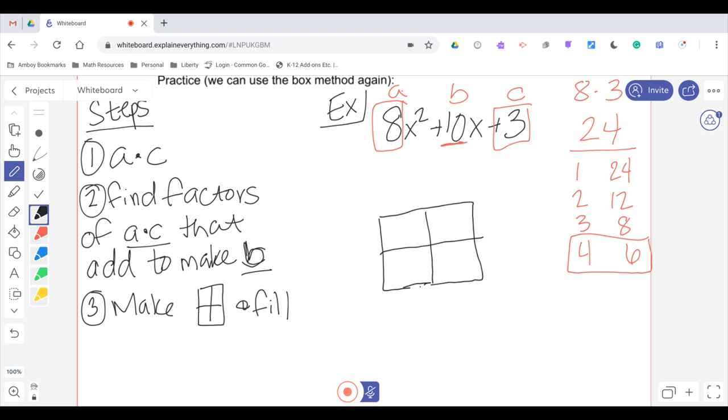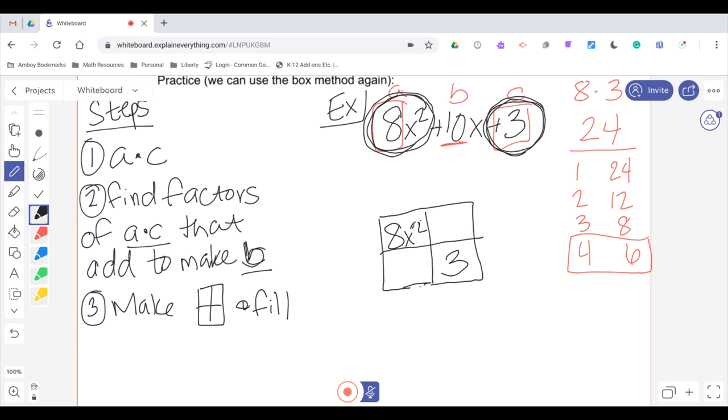So here are the pieces that are going to go in it. The first two pieces are going to be the first and last terms of your equation. So in the top left corner, I'm going to have 8x squared, and in the bottom one, I'm going to have 3. Those are always in opposite corners.